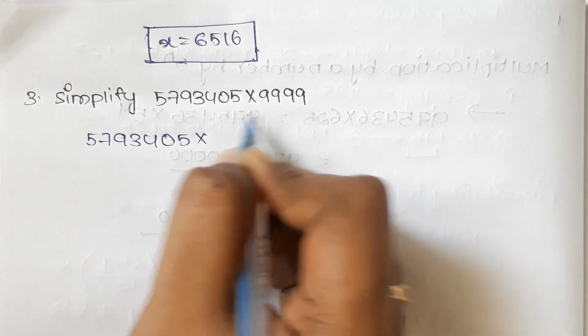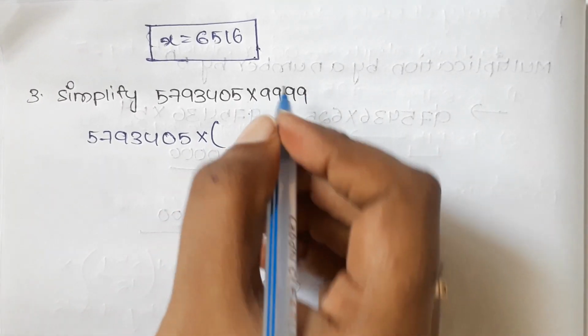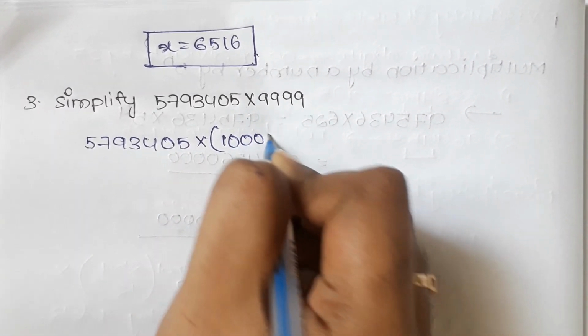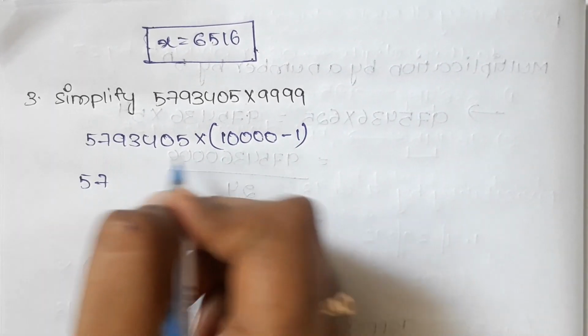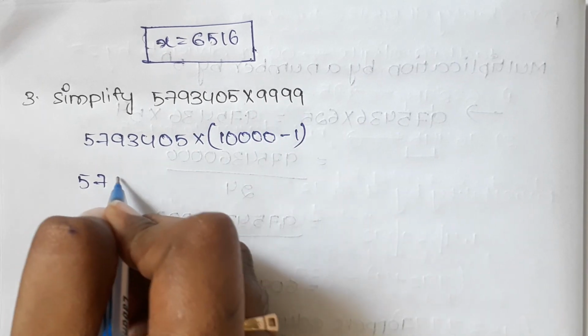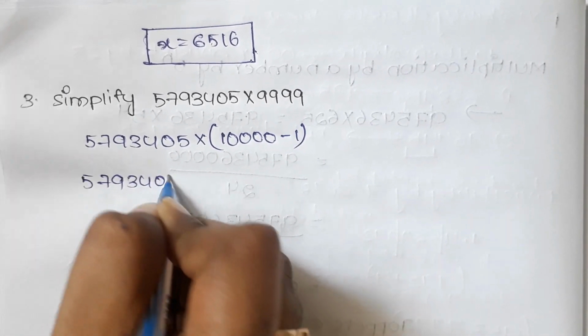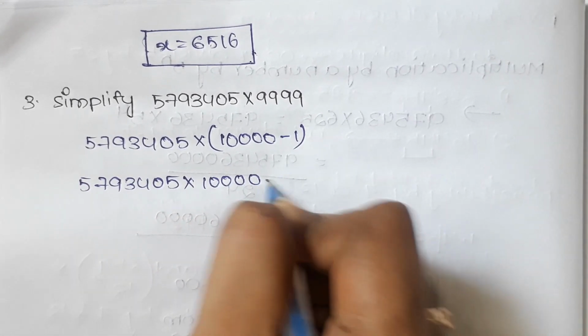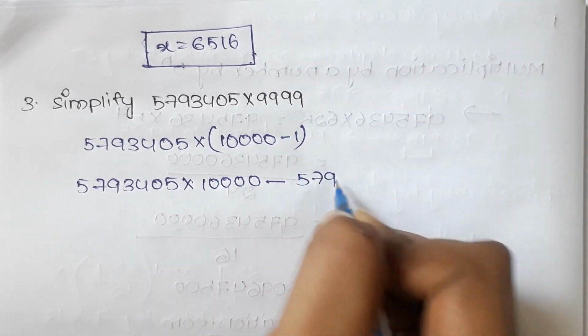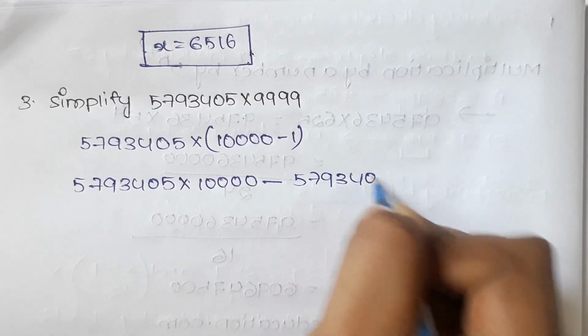5793405 into this 9999 can be written as 10,000 minus 1, and now it is in the form of a into b minus c. Now it can be written as a into b minus a into c.